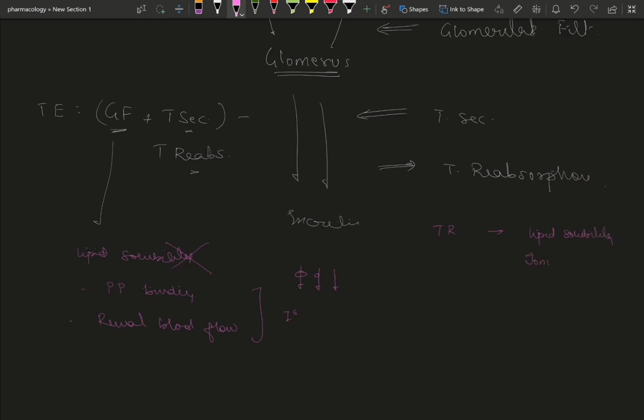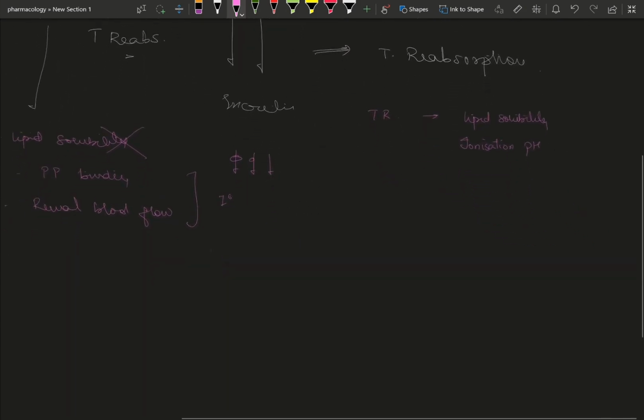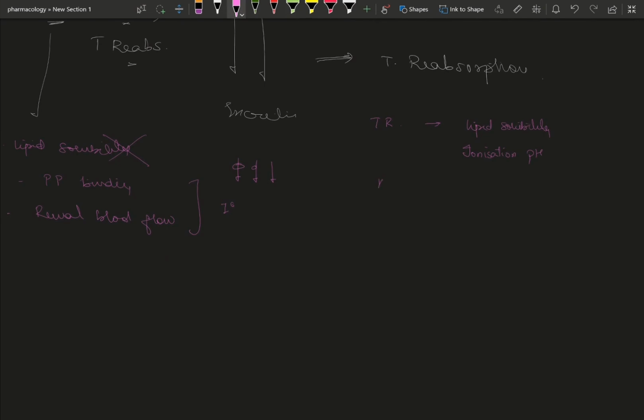Now tubular reabsorption is obviously determined by lipid solubility and ionization pH, since the drug has to pass the membrane of the tubules to enter the bloodstream. So the concept of same drug, same medium will also apply here.